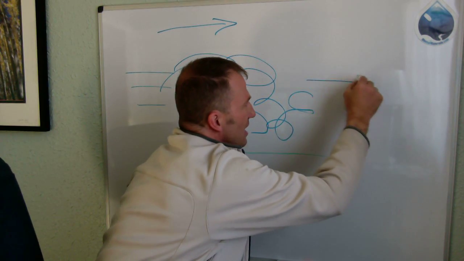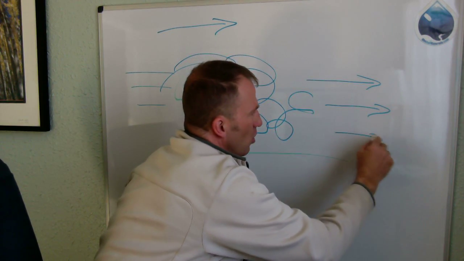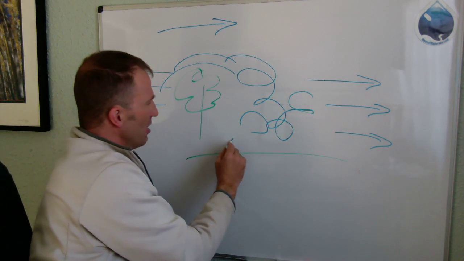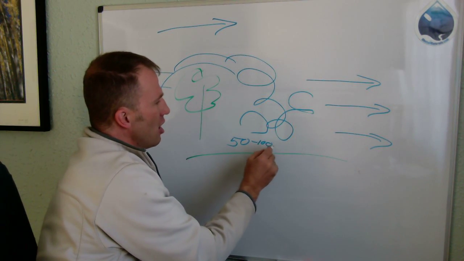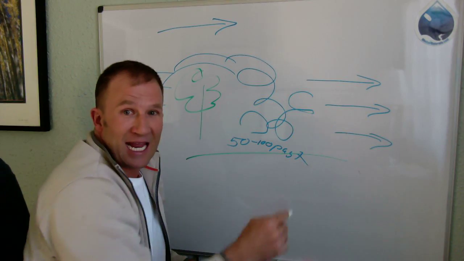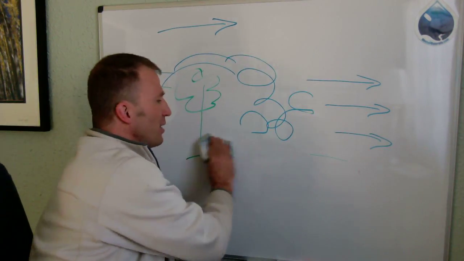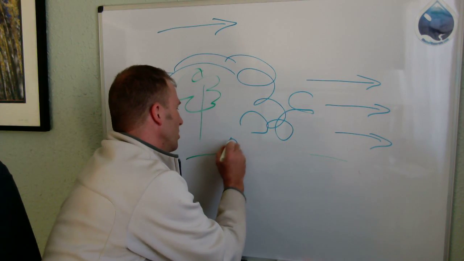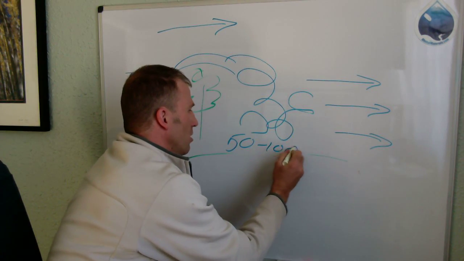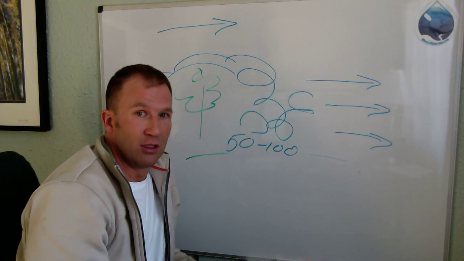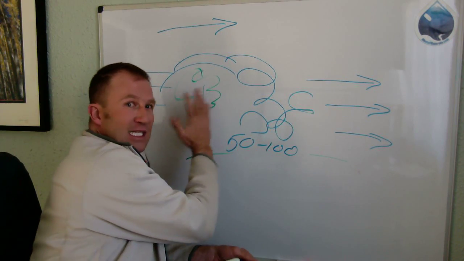You want steady, clean wind. That's going to happen 50 to 100 yards past any building. Excuse me, my writing is pretty sloppy there, but you want 50 to 100 yards past any obstacle. So this is behind you, that's fine.